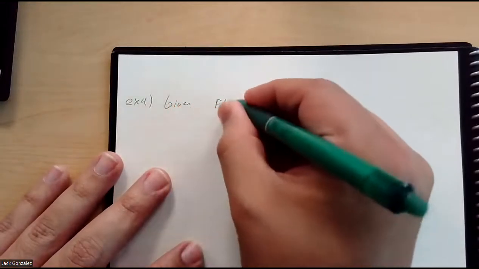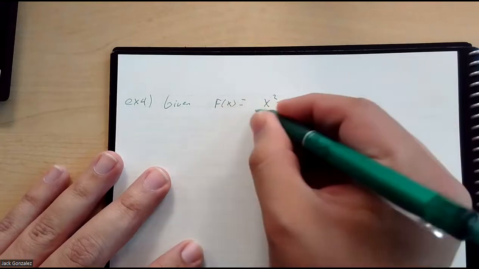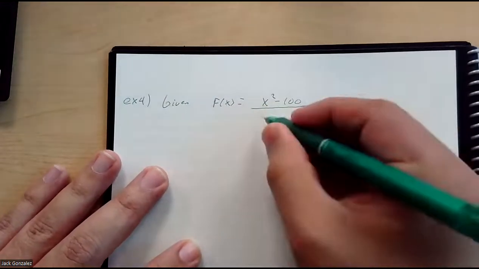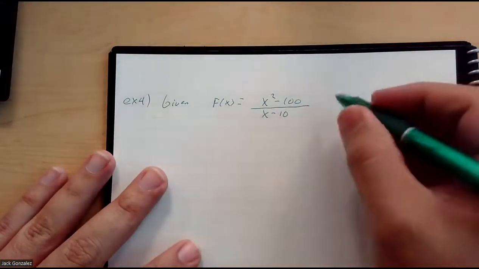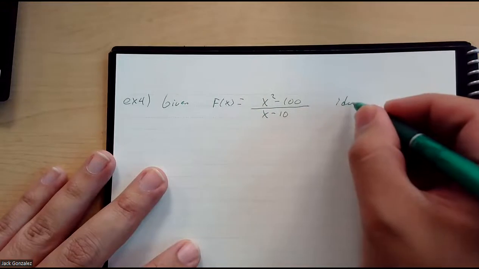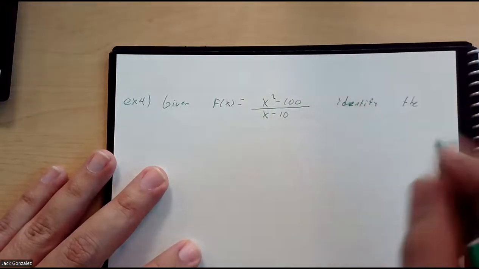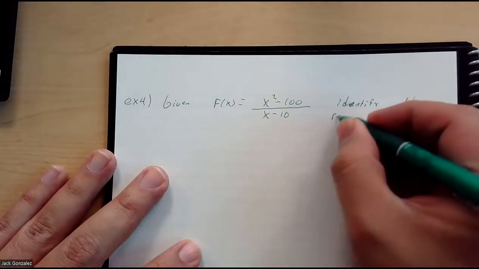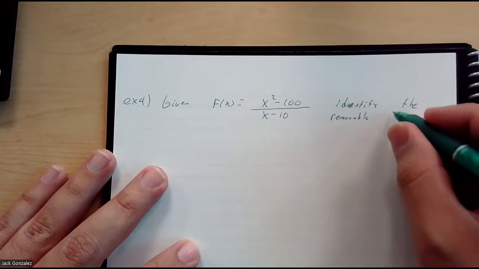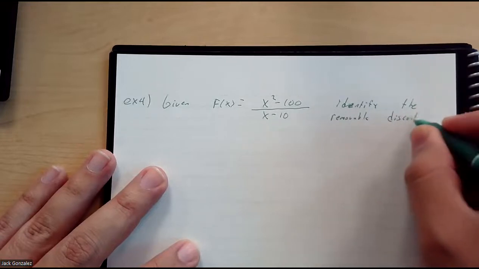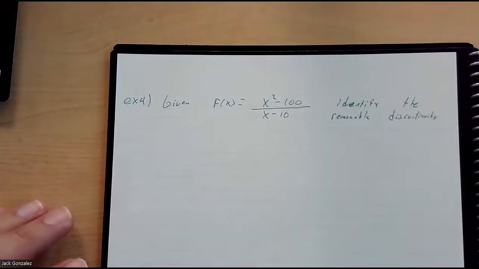Given that f of x is equal to x squared minus 100 divided by x minus 10. Identify the removable discontinuity.